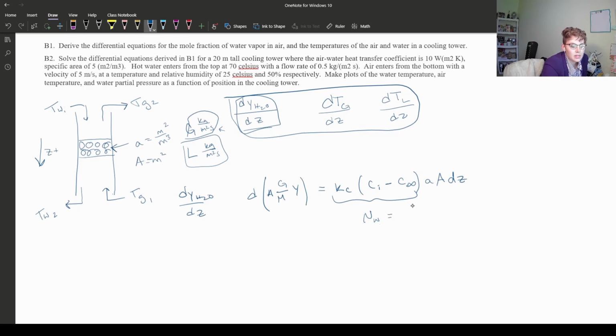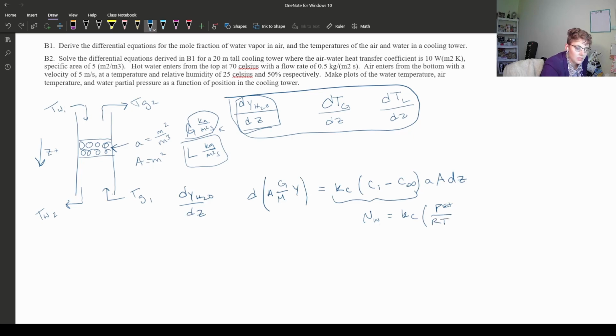and we also need to keep in mind that this can also be written in terms of partial pressure. So that would look like this. The concentration at the interface would be the partial pressure of saturation over the gas constant times temperature, because right at that liquid gas interface, that's what the partial pressure is going to be.